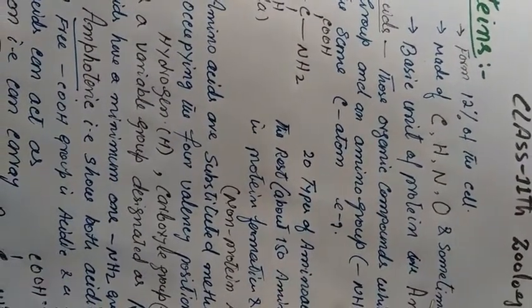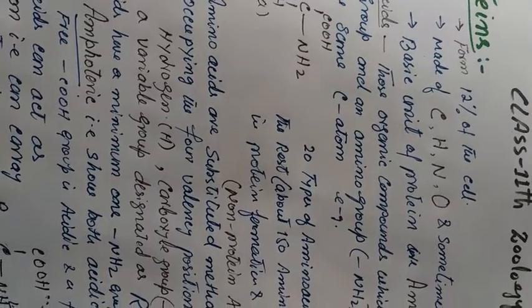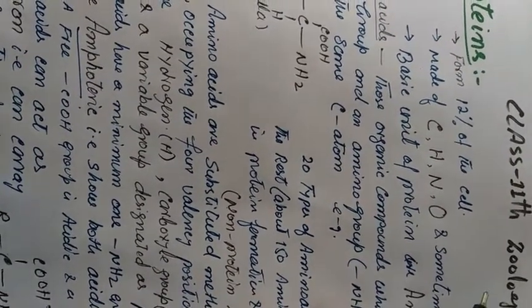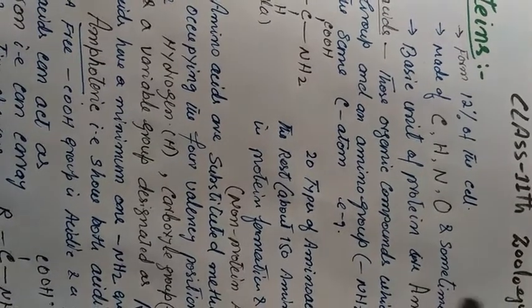Now, the basic unit of proteins are amino acids, or we can say amino acids are the building blocks of the proteins. So, to understand proteins, we must understand amino acids in detail.